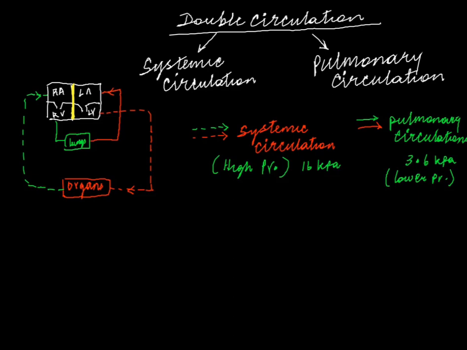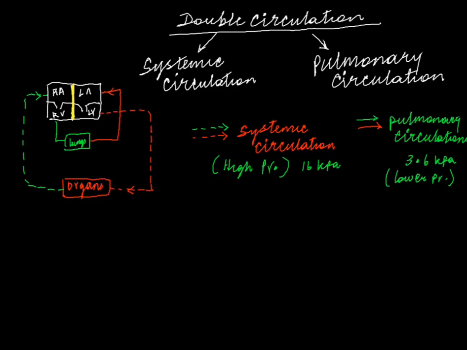Is that clear? So what are the two benefits of double circulation? One, it prevents mixing of blood, so that oxygenated and deoxygenated blood do not mix, and tissues receive oxygenated blood. Second point, it ensures that the pulmonary and systemic circulation have different pressures.